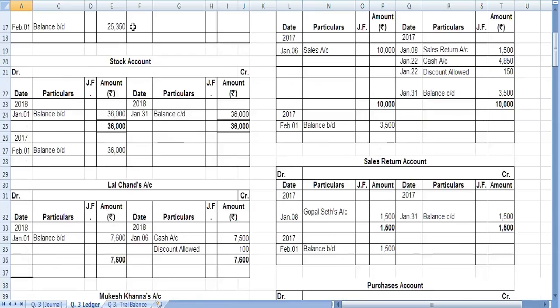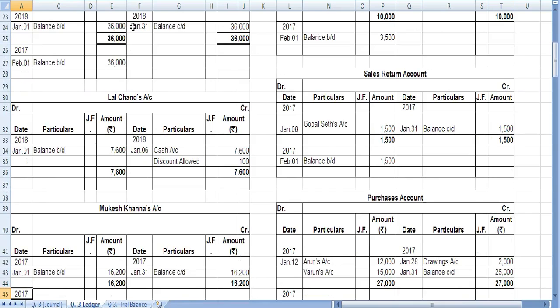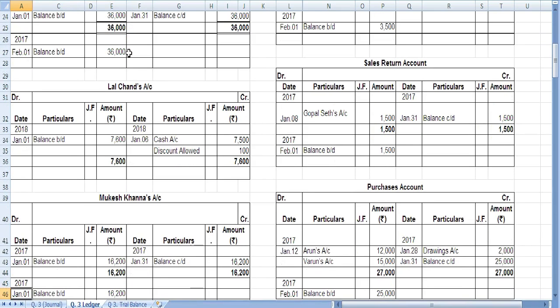Lalchand, Mukesh. Okay, so by mistake I have put your account over here.